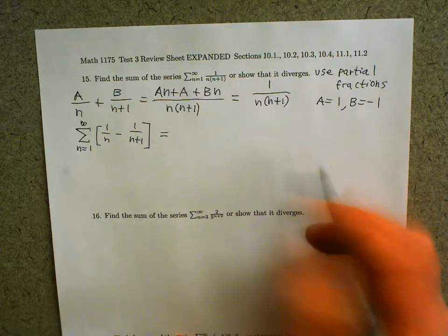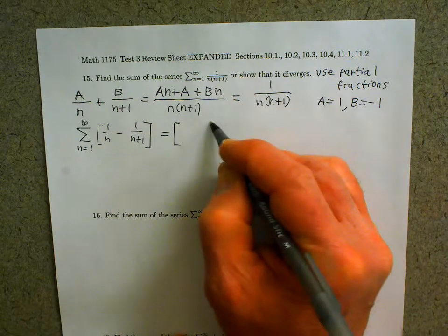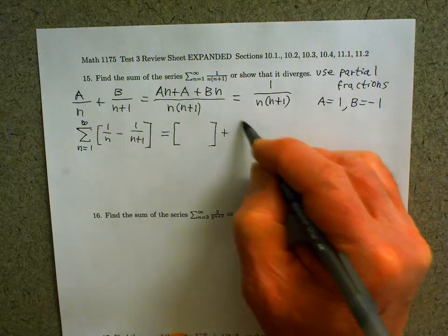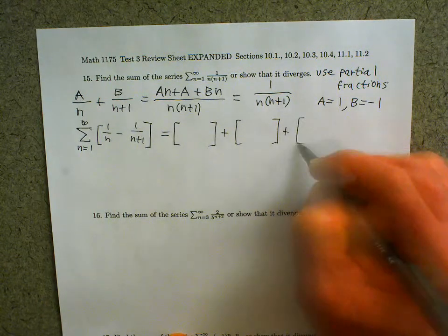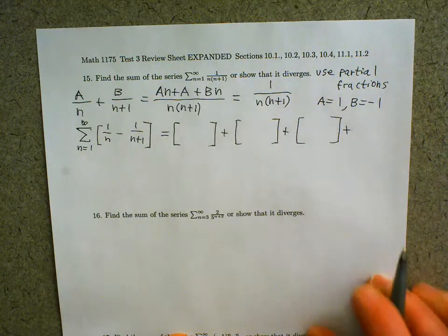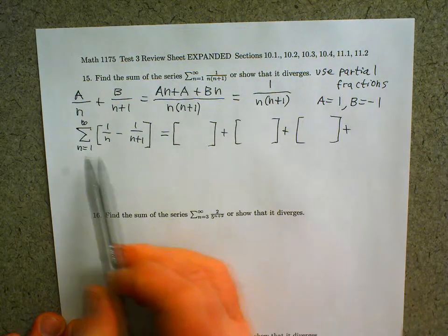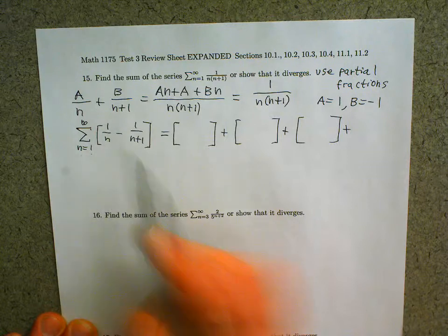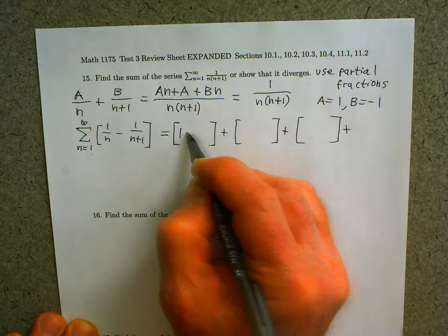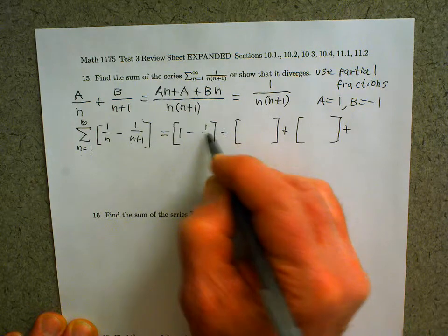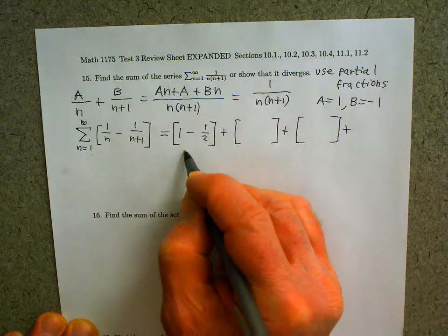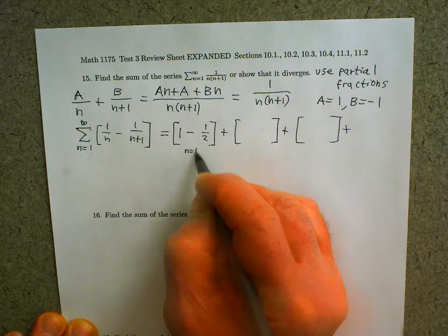We'll write the first few terms in the sum. And we should be able to tell what's going to happen. So when n is 1, we get 1 over 1, which is 1, minus 1 over 1 plus 1 is 1 minus 1 half. This corresponds to n equals 1.